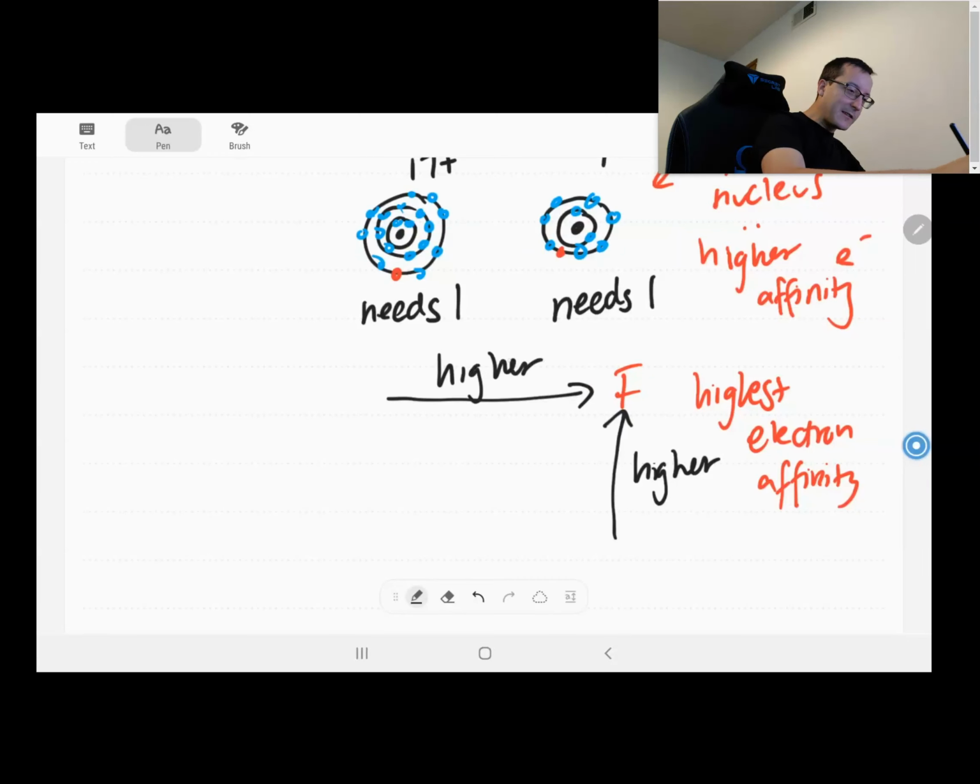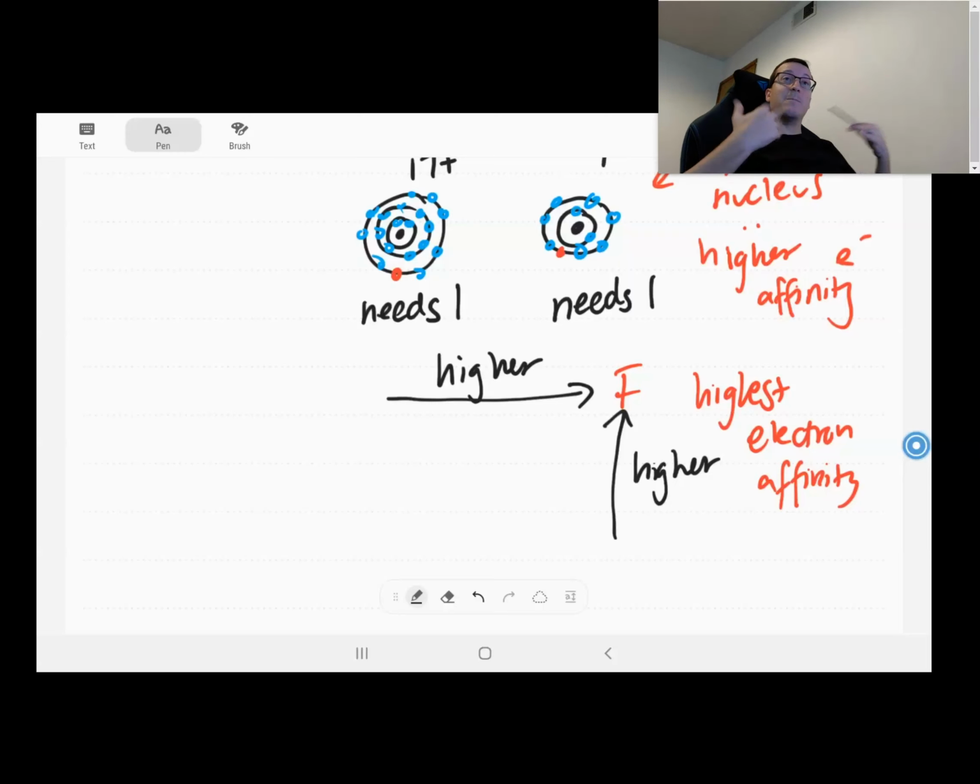On your periodic table, as you go to the right and up, you're going to be higher electron affinity. That's absolutely correct. It is the opposite of size. So the smallest ones are going to have the highest electron affinity. Consider the smaller the atom is, the closer that electron is going to be able to get to that nucleus.